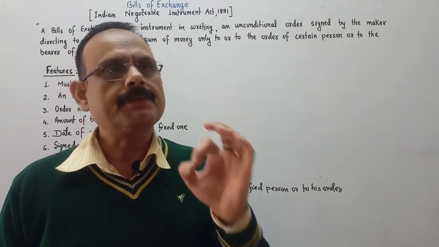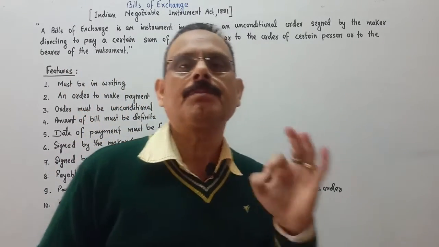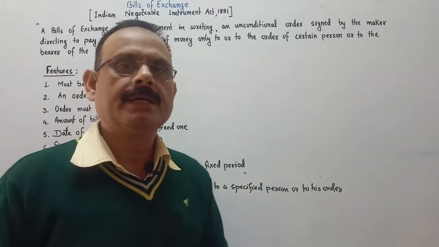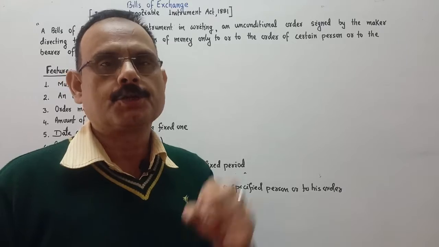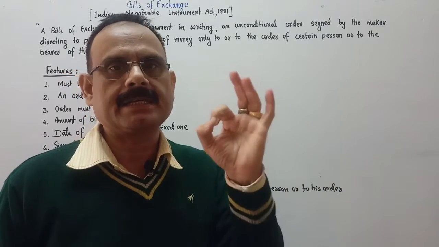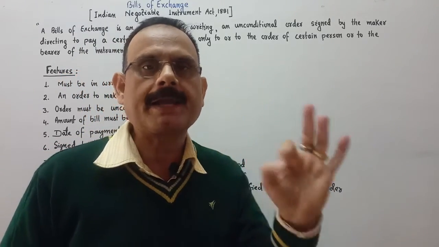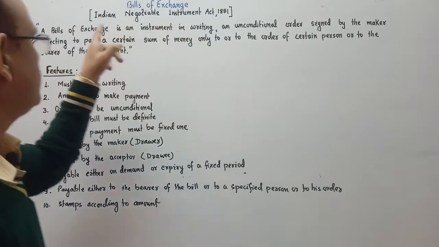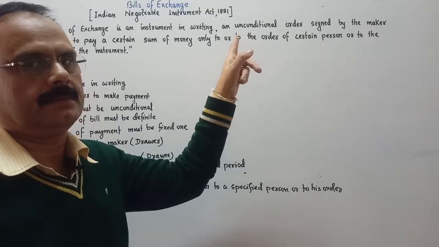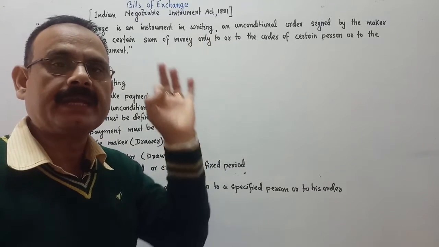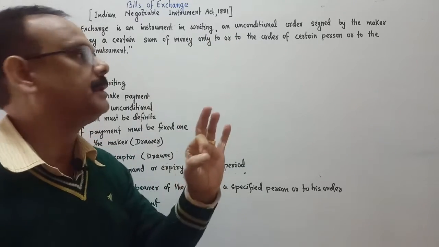Okay, so if you see the definition of bills of exchange as per the Indian Negotiable Instrument Act 1881, bills of exchange is an instrument in writing. This must be in written form.